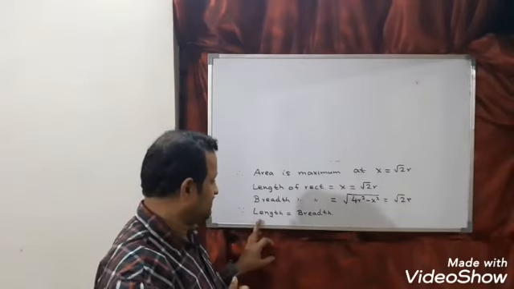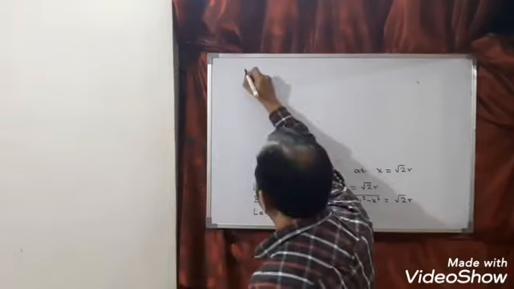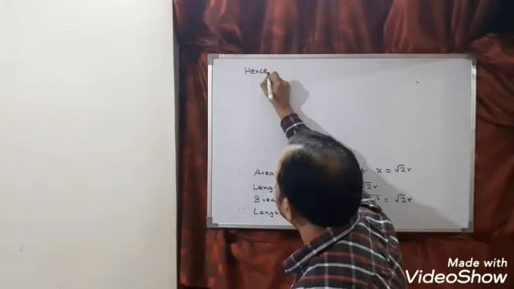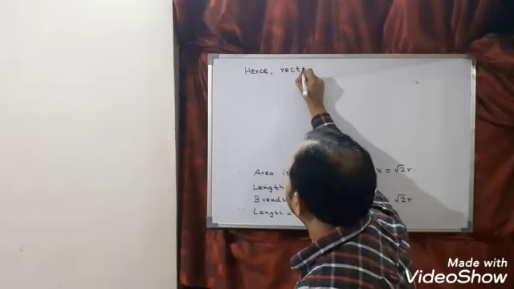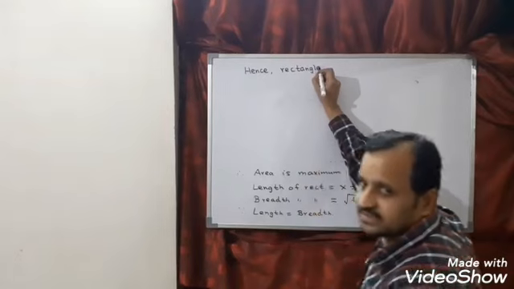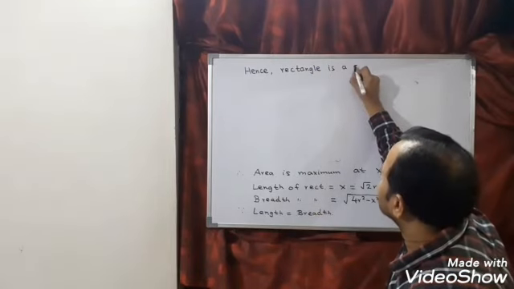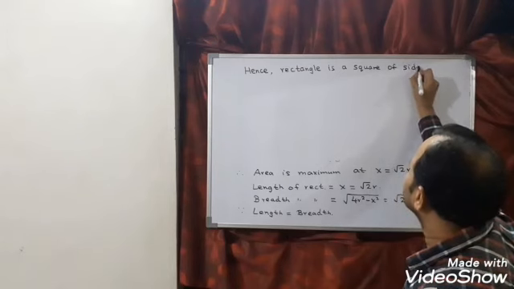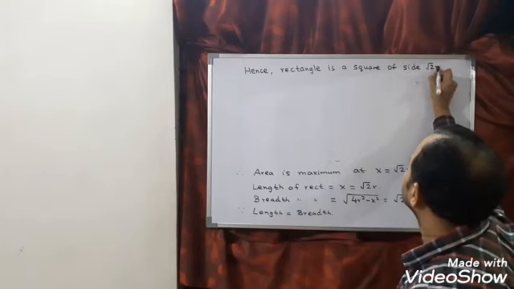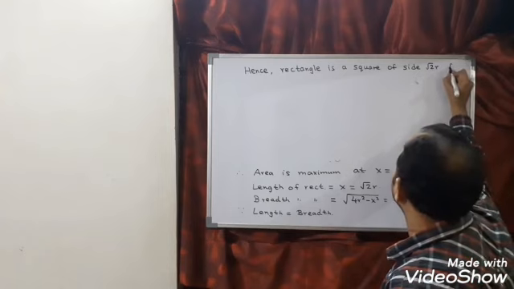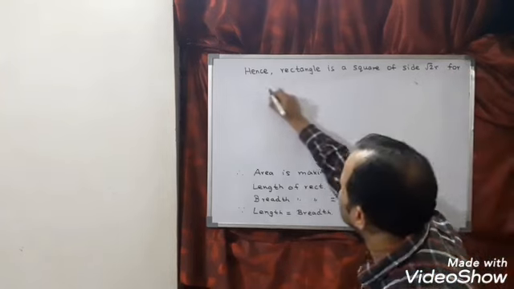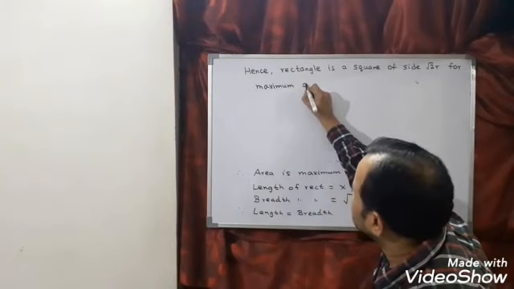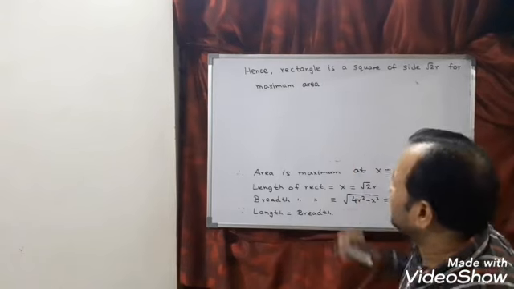So since length is equal to breadth, hence rectangle is a square of side root 2r for maximum area.